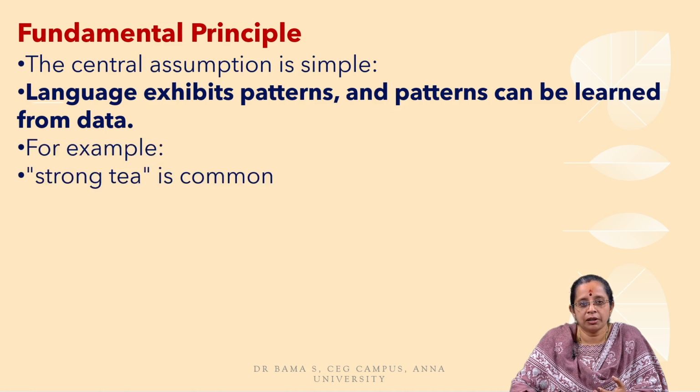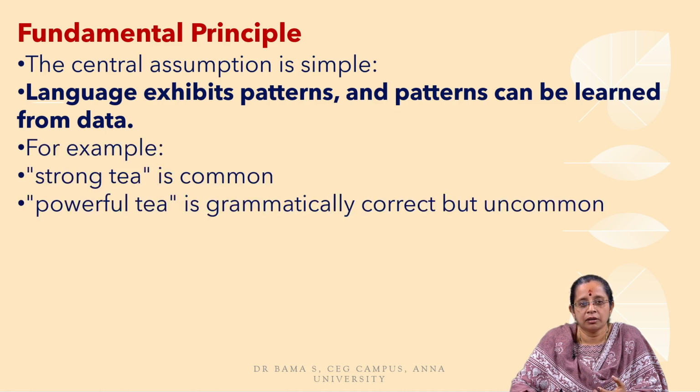Say for example, strong tea is common, but powerful tea, though grammatically correct, is normally not used. So, how do we identify that? One way is to understand through the data. How many times strong tea comes and how many times powerful tea comes in a set of documents, and say that okay, strong tea is valid and powerful tea is not correct.